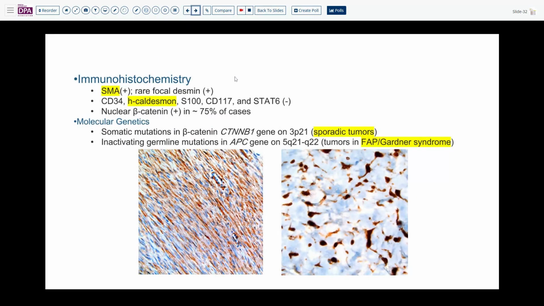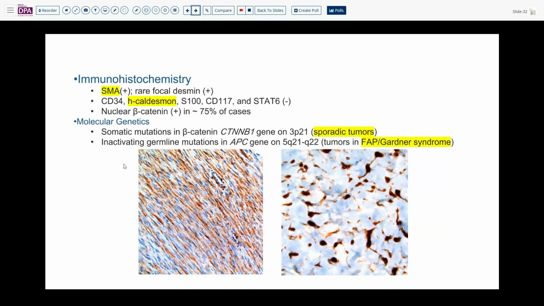And then for the IHC, SMA is still positive, but we know SMA is not specific at all. For other stains, desmin can be rarely, focally positive, and CD34 and S100 and STAT6 for the SFT are all negative.